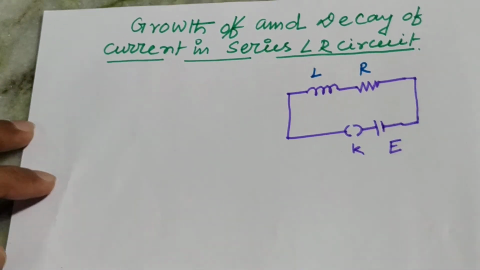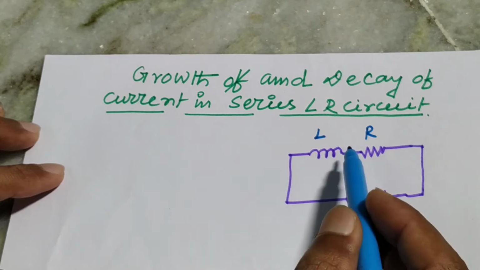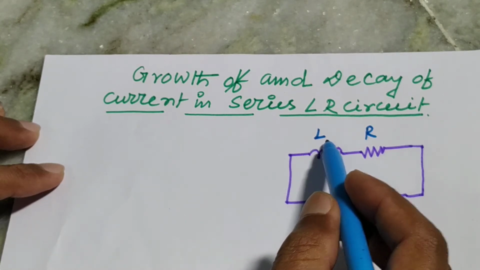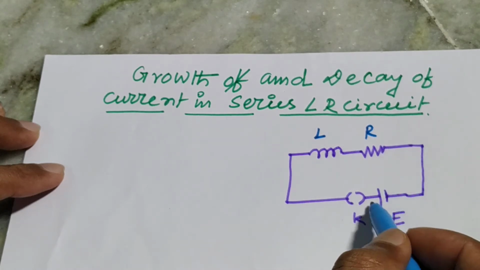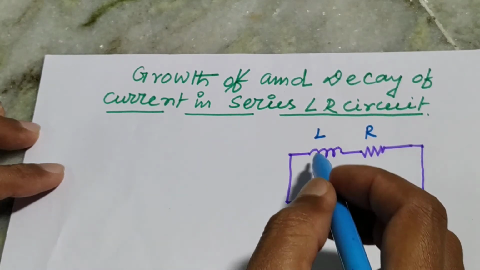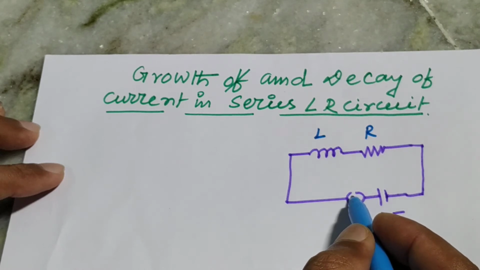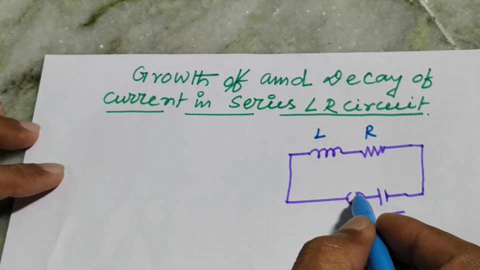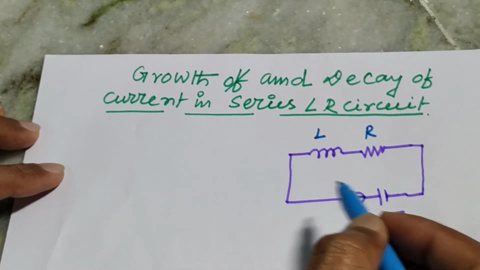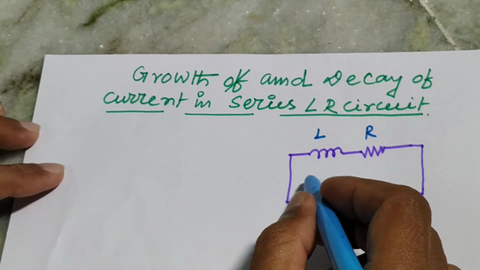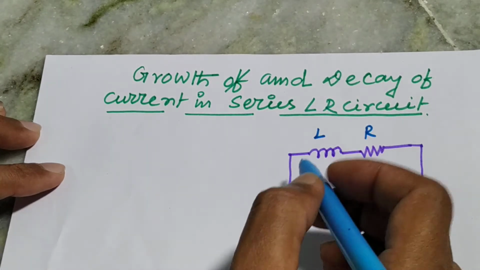Now let's see the circuit diagram. In the circuit, this is the inductor, this is the resistance, and this is the power supply, connected in series, and this is the switch. If we switch on, that means close the switch at t equal to 0, then current starts to flow in the circuit.